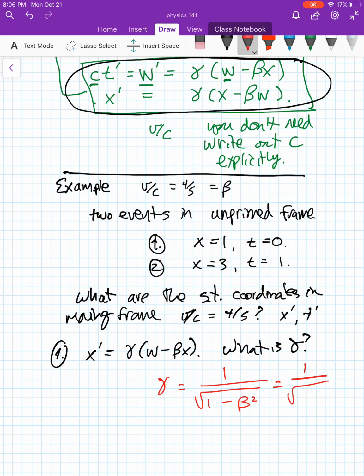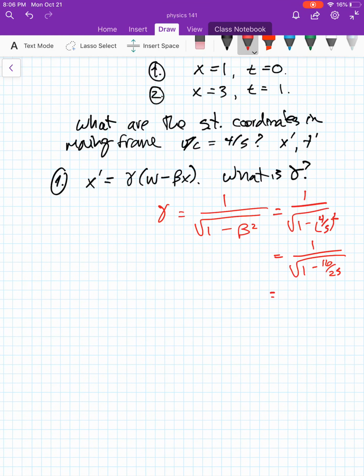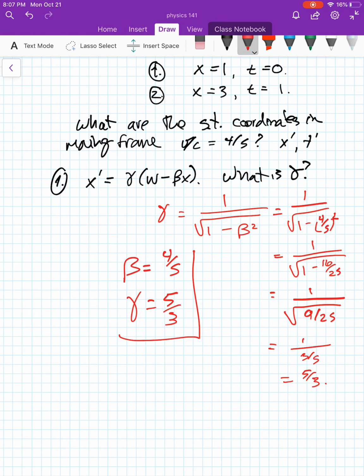So that's 1 over the square root of 1 minus 4/5 squared, which is 1 over the square root of 1 minus 16/25, which is 1 over the square root of 9/25, or 1 over 3/5, or 5/3. So gamma equals 5/3 when beta is equal to 4/5. Like I said, beta is always less than 1, and gamma is always greater than 1.